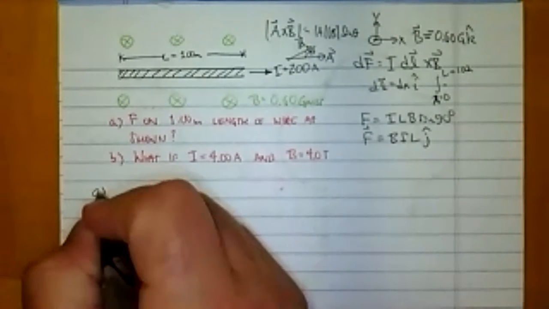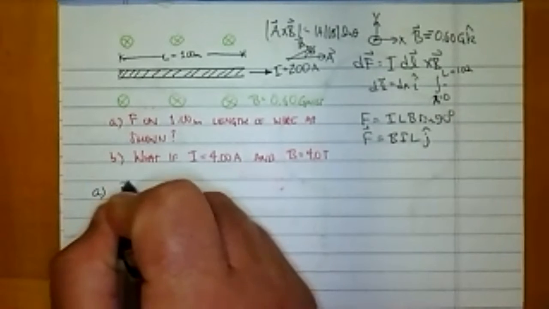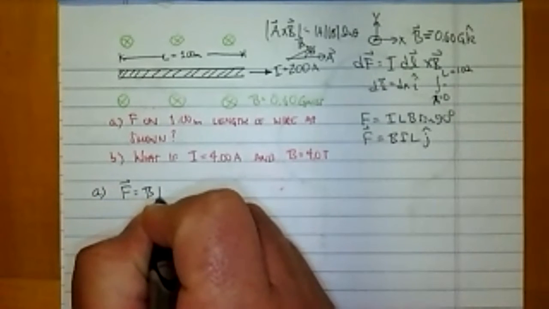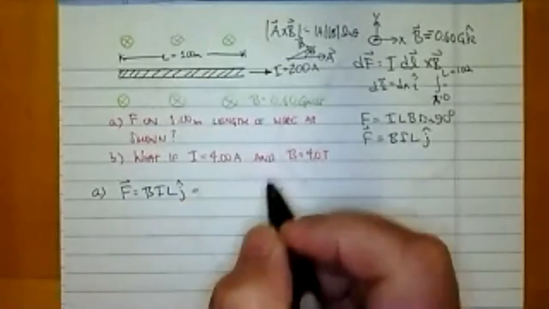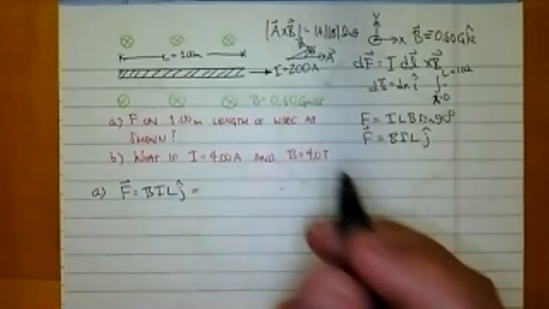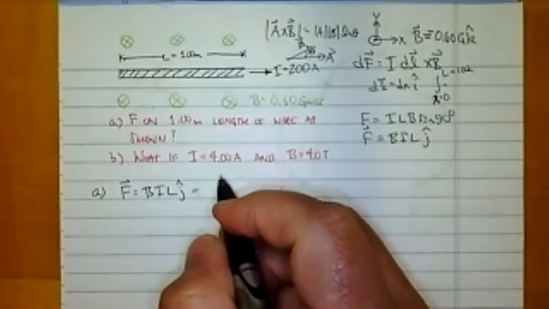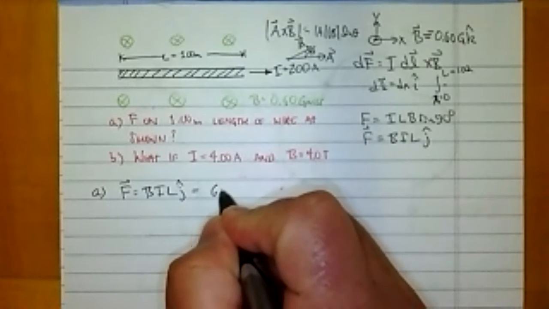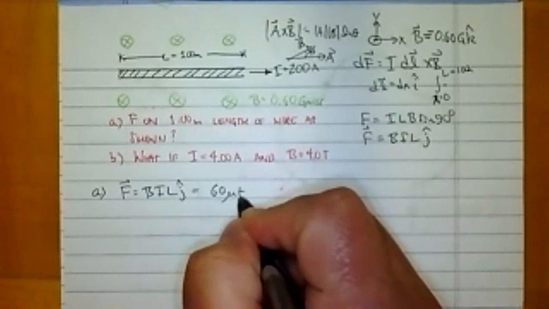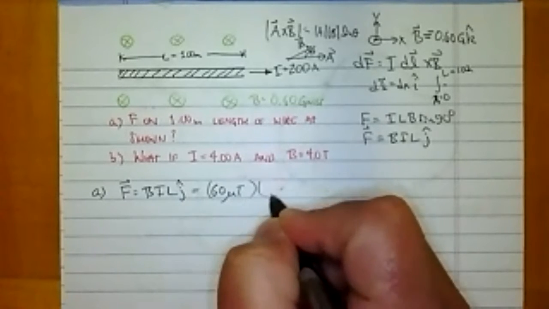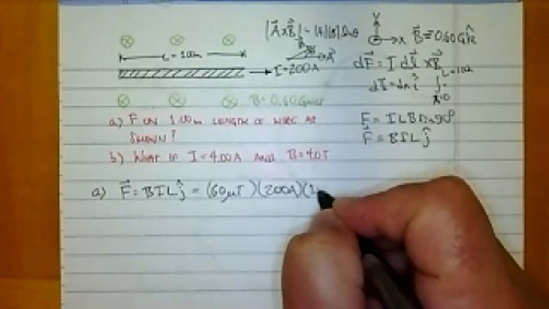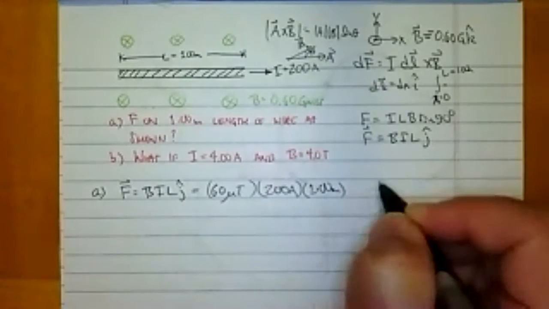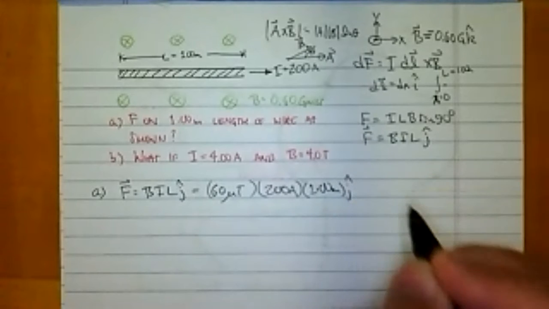So for part A, we have F is equal to BIL J hat, which equals, in this case, 0.6 Gauss, which is actually 60 microtesla, I is 200 amps, and L is 1 meter, and we have a J hat there.